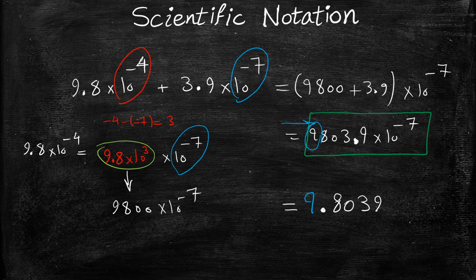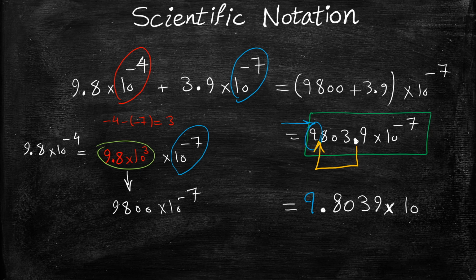So 9.8039 times, now we have to figure out what the new exponent of the 10 should be. Well, let's see. How far did we move the decimal point? We moved it from here to here, didn't we? So we moved it to the left, meaning we made the number smaller.